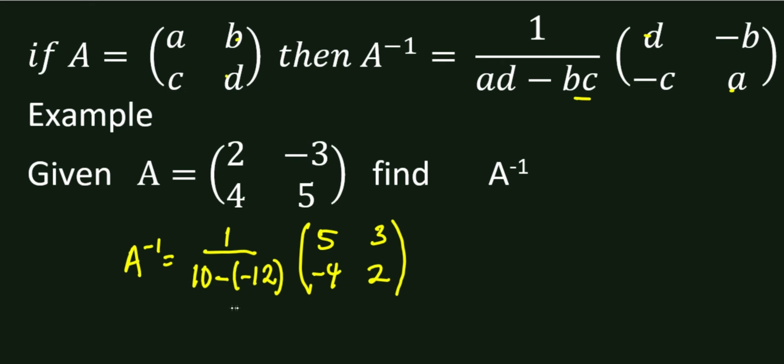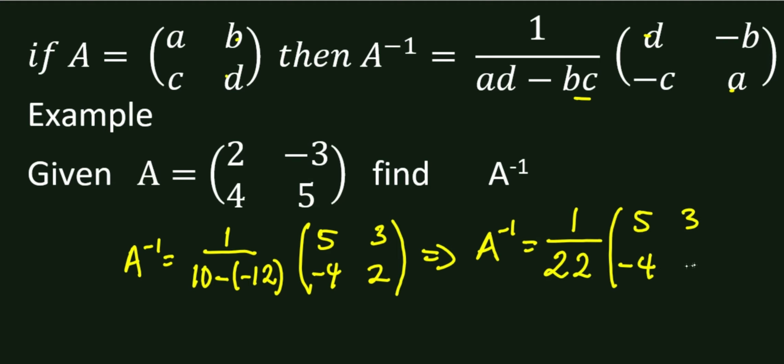We will simplify this and get the final answer. So the inverse of A is equal to 1 over 10 plus 12, which is 22. We write our matrix there again.